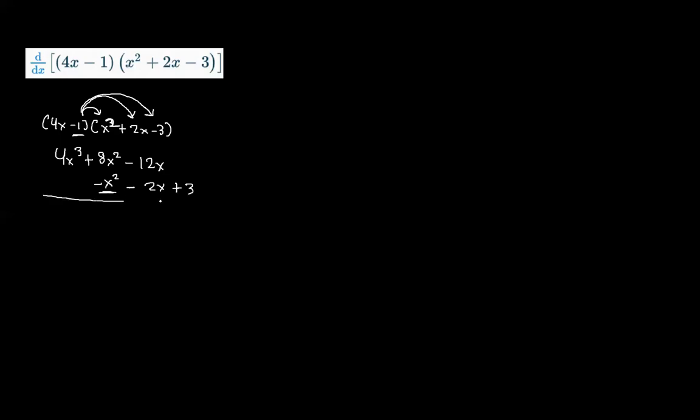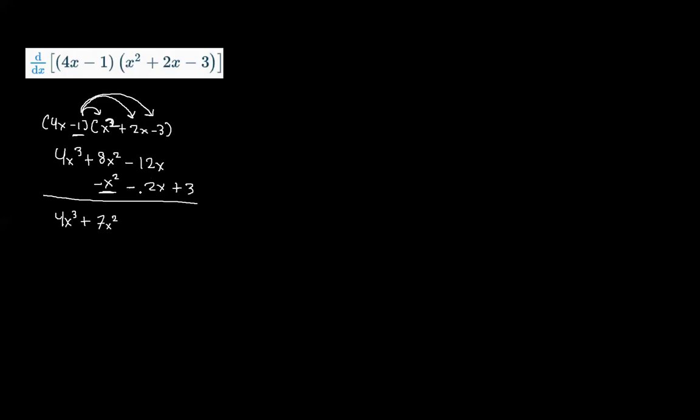Then, after we distribute each of these terms to each of the terms on the other polynomial, we can now combine them together. Here, we're going to bring down 4x cubed. Next, 8x squared minus x squared will give you positive 7x squared.